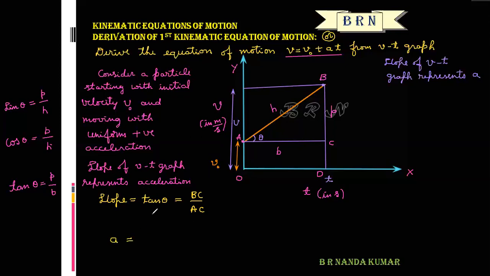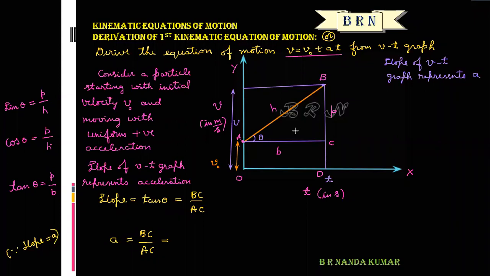Acceleration is equal to BC divided by AC, because slope of VT graph represents acceleration. Okay. So what is the value of BC? BC is actually final velocity minus initial velocity. Is it not?